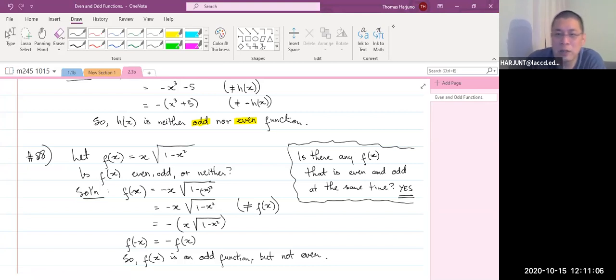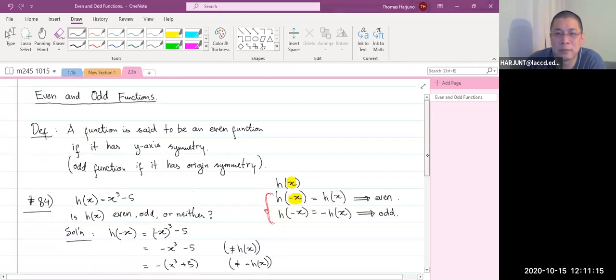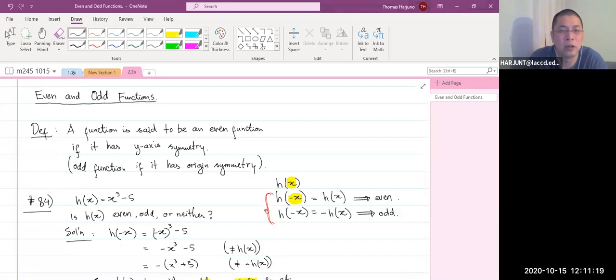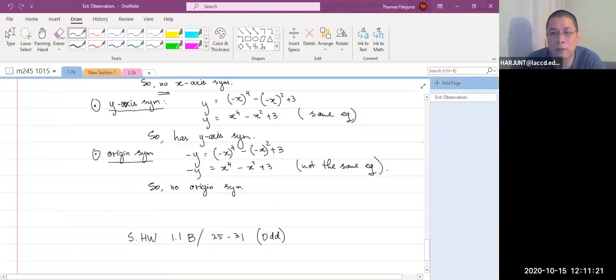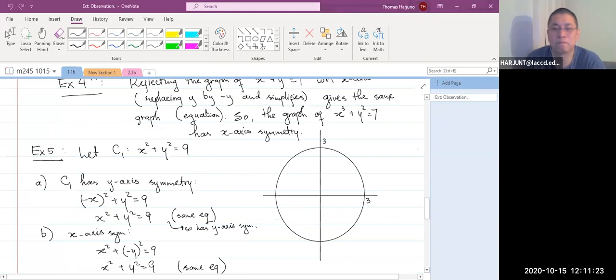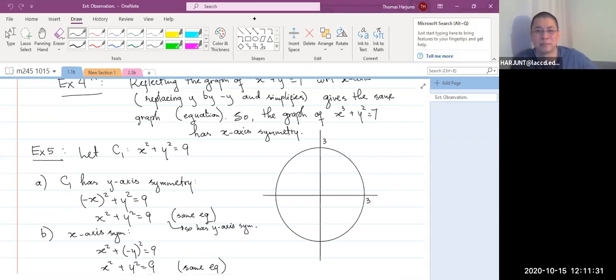Now, somebody asked, besides that, is a circle an even or odd function? Let's look back. Is a circle an even and odd function at the same time? It has y-axis symmetry.